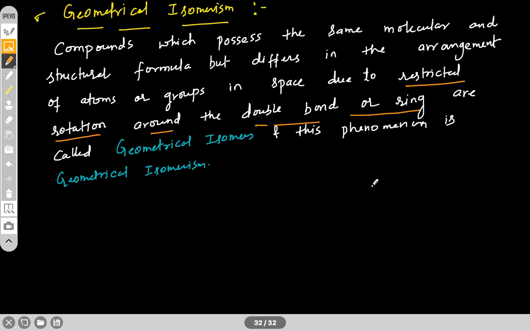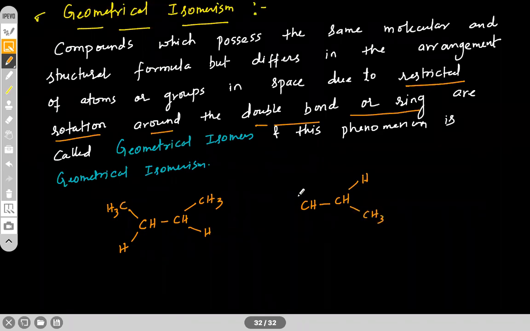For example, if I write down this example, CH3-CH with a single bond, then H and CH3 on the other carbon, and the second structure with the groups swapped. This is first, this is second.